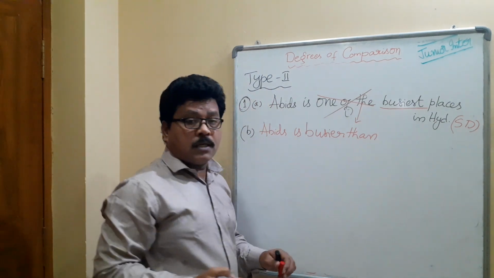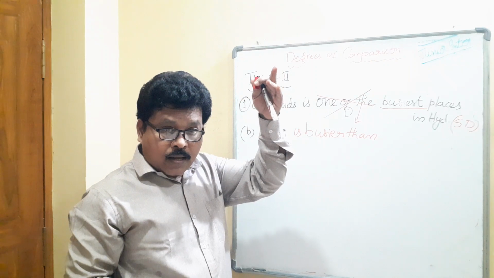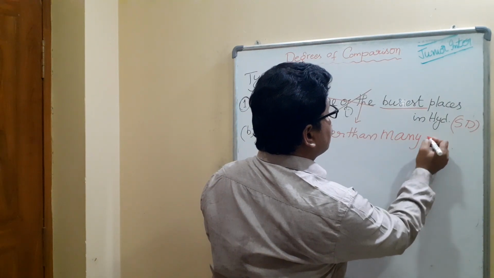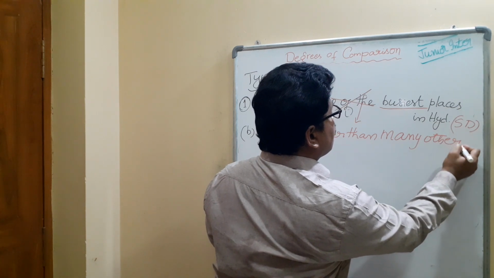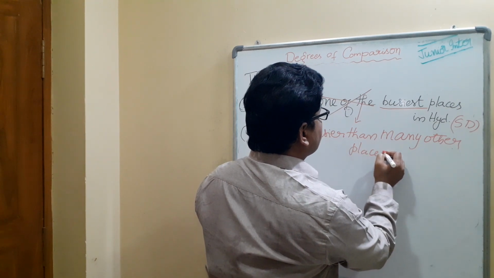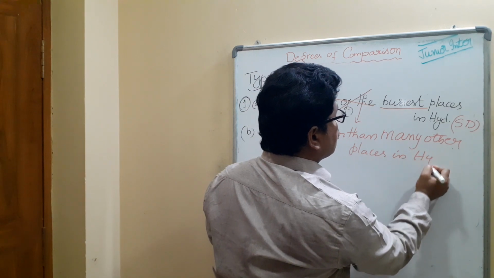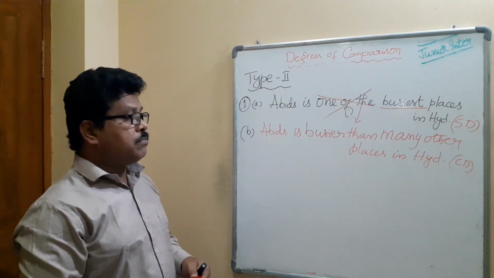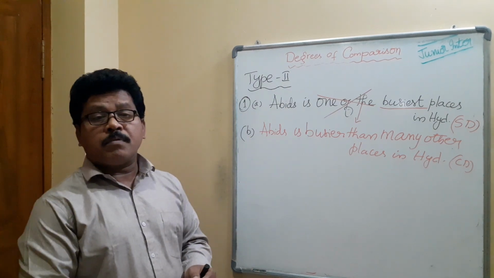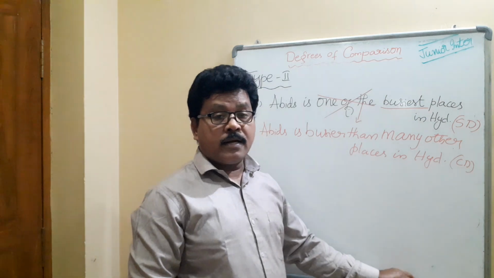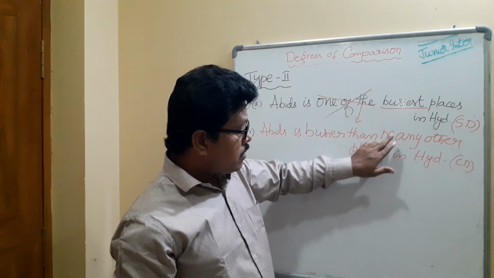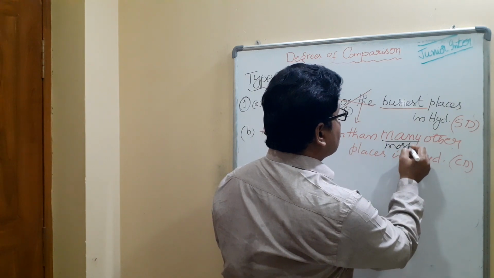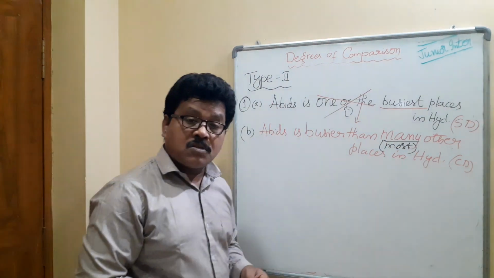Earlier we wrote any other, but here we have to write many other places in Hyderabad. This is called comparative degree. Abbots is busier than many other places in Hyderabad. Earlier in type 1 we wrote any other, but now we have to write many other or most other. Both are correct.